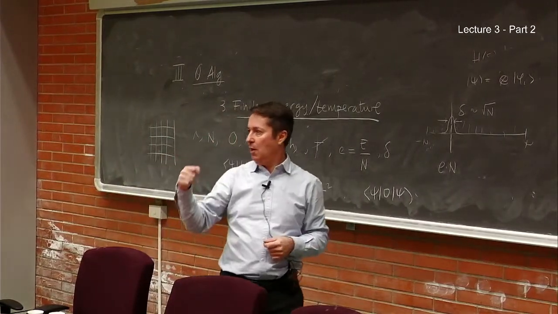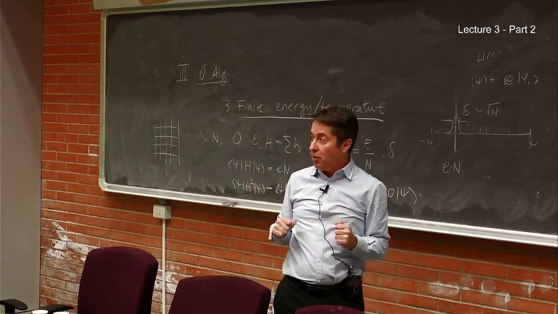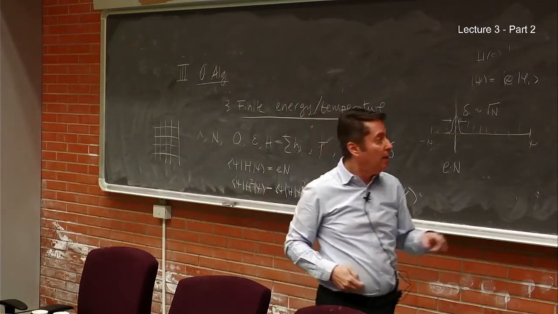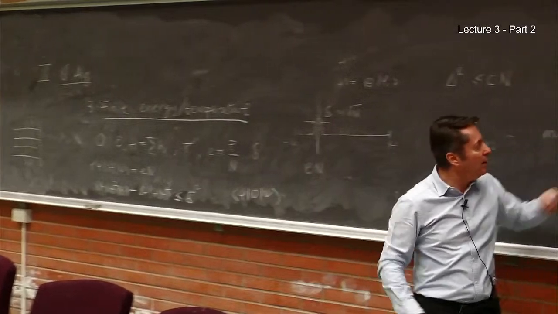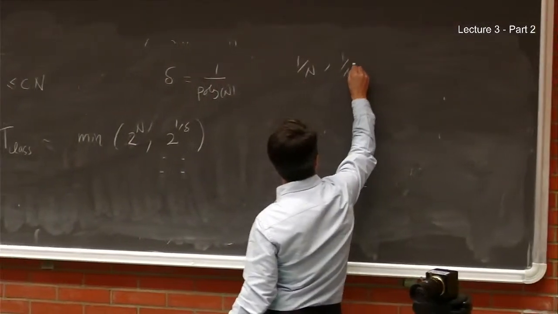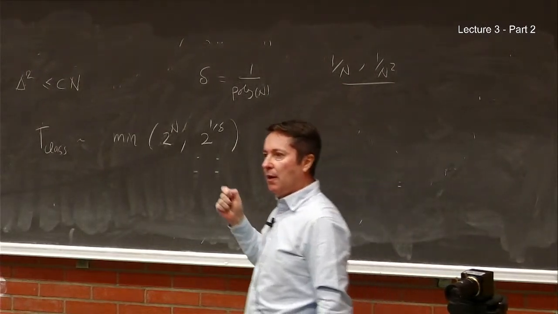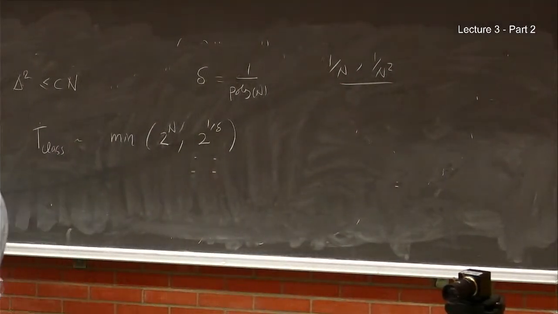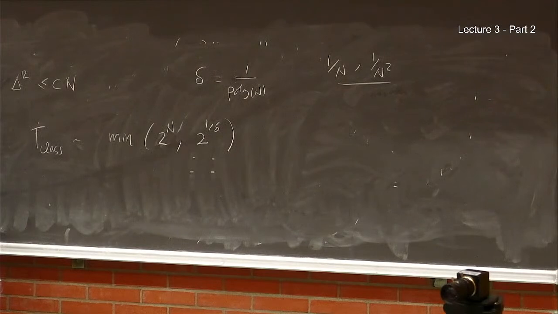If this is true, with the formulas that people have conjectured and that people have checked numerically, then you see that the interesting regime is when this delta is of the order of 1 over n or 1 over n squared, typically. That's where the expectation values that you will compute here are sufficiently narrow that you will get the microcanonical value. Okay?